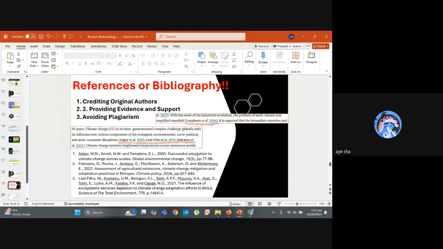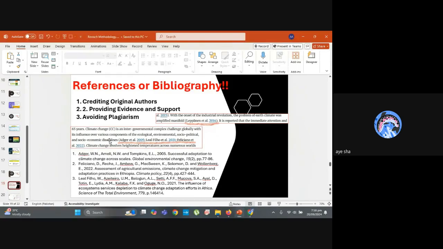But most of the time in our thesis work, in our research proposal, we are asked to do the reverse of it. We have to cite the latest one first, then the earlier one, and lastly the oldest one at the end.